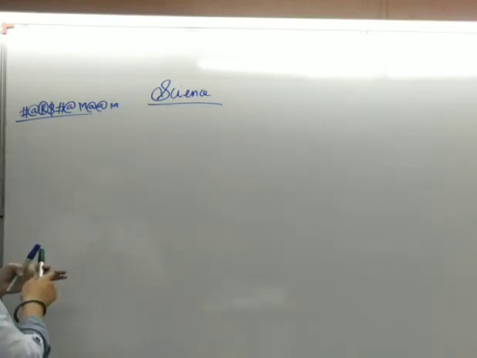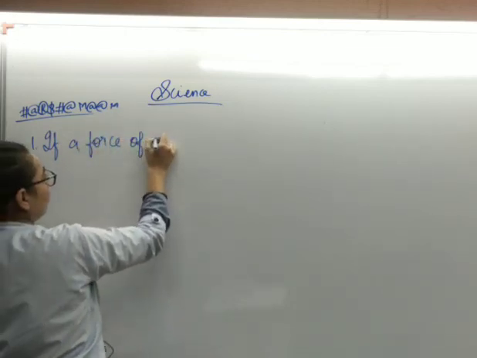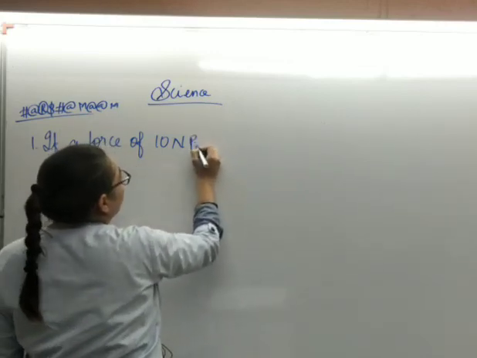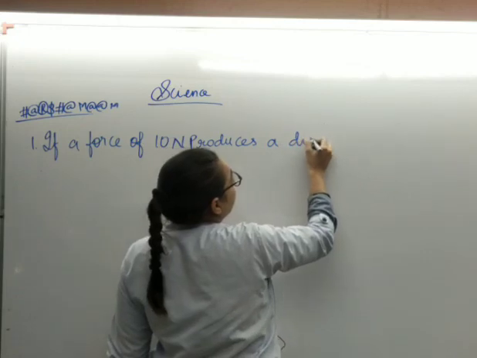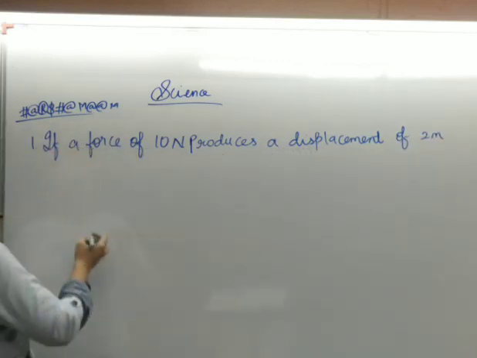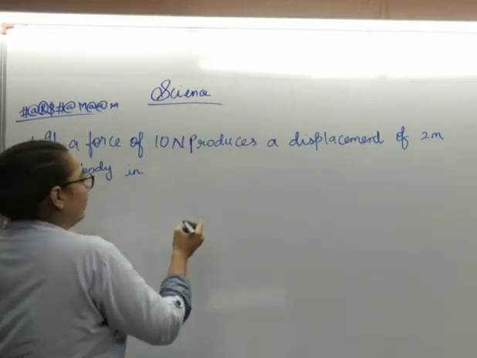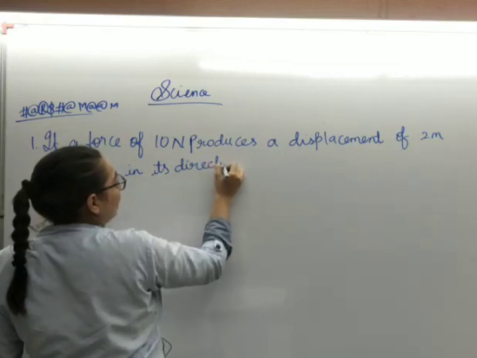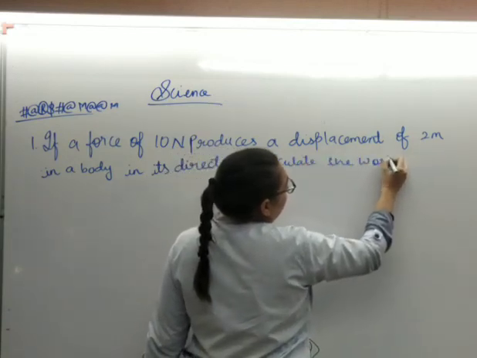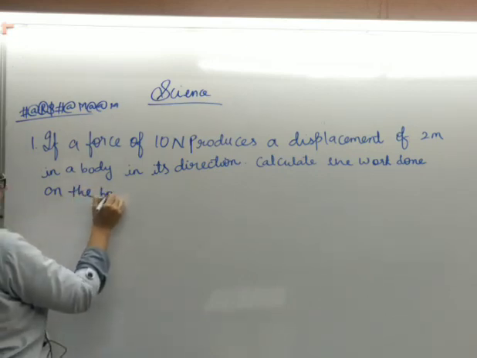If a force of 10 Newton produces a displacement of 2 meter in a body in its direction, calculate the work done on the body. All right.